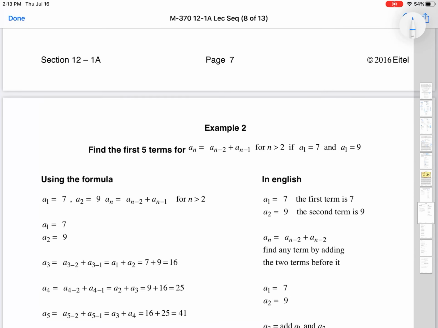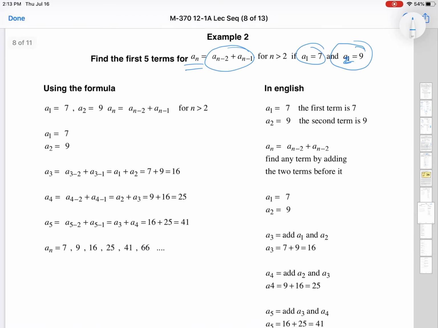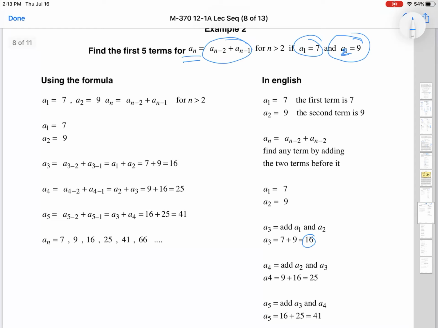So you're looking at this one. It's telling you what the first term, and actually this should be the second term, what the first term and second term are. And what it's telling you to do is to get any term, you need to add the previous 2. So if we want to get the third term, well, no problem. We add the 7 and the 9 to get 16. If we want to get the fourth term, we're going to add the 9 and the 16 to come up with 25.